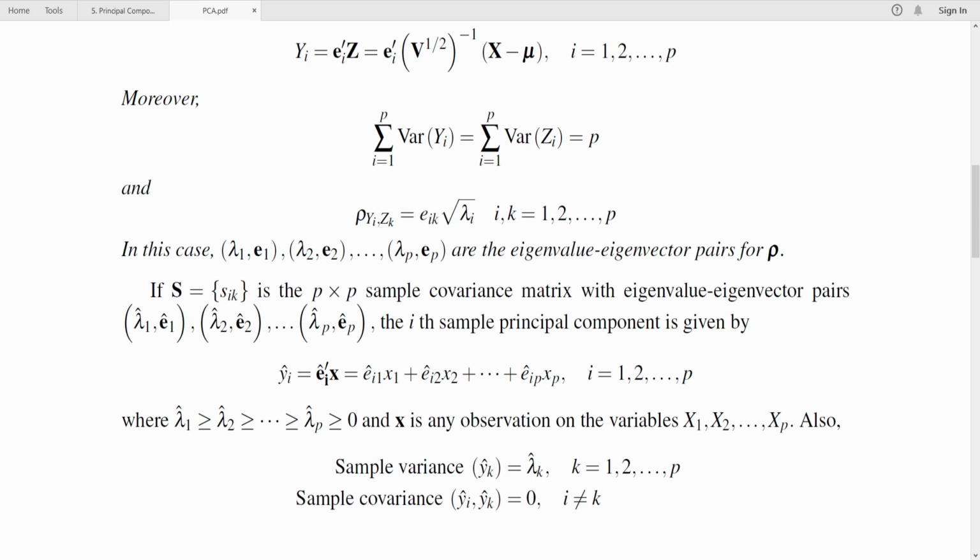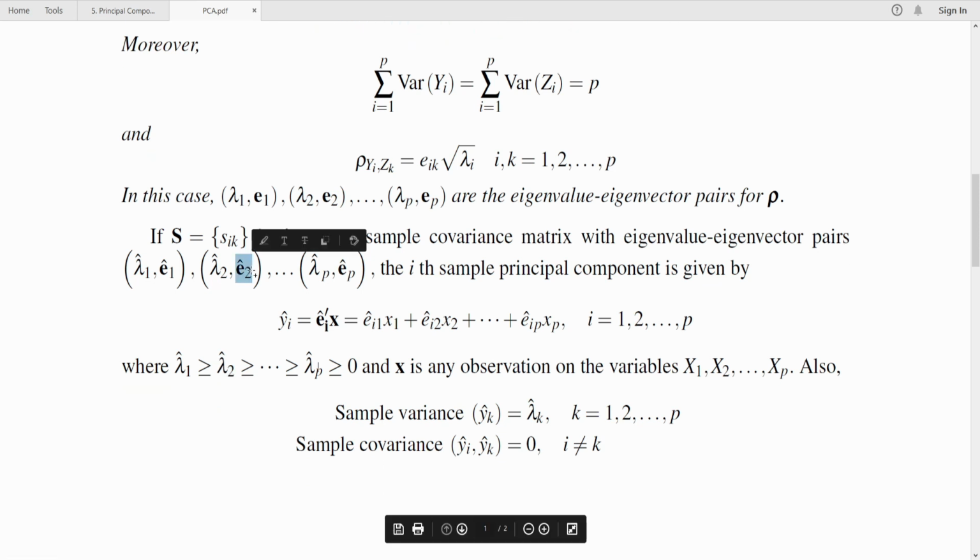But deriving their distribution is really hard, so it is out of scope of this book and our lectures. We will not talk about how to derive them, but we'll talk about the assumption that none of the eigenvalues are equal, so they're all different. This is an important assumption for people who derived the distribution of our eigenvectors and eigenvalues.